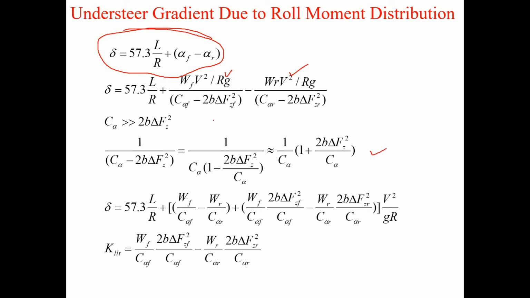This is only jugglery. Substitute into this, then reorganize. When you reorganize, you are going to get two parts. 57.3 L by R, here you are getting one part, and you are getting another part. Correct? And V squared by GR is nothing but AY.